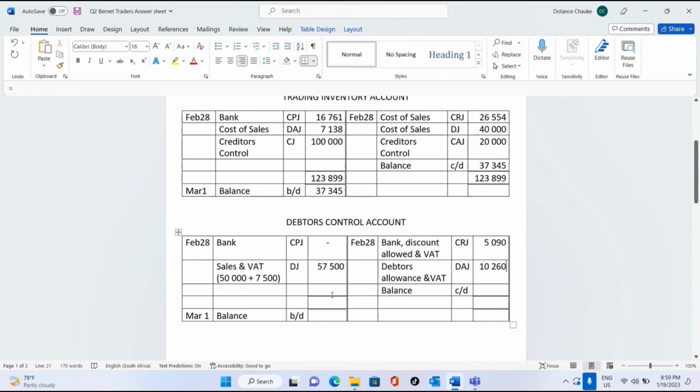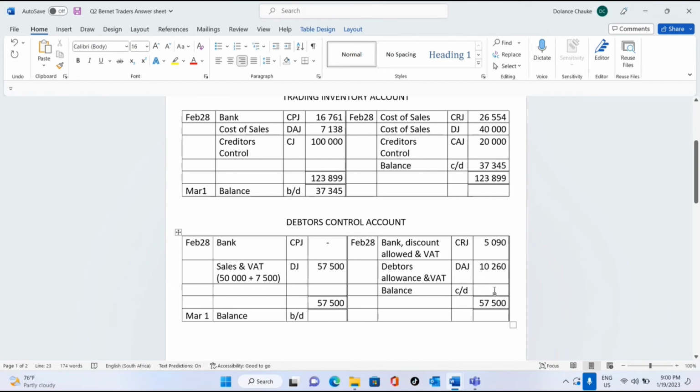And then when we check, the bigger side is the debit side. So we have 57,500, and even this side we're gonna say 57,500. Then you're gonna say 57,500 minus 5,090 minus 10,260, and then you'll get your closing balance there.